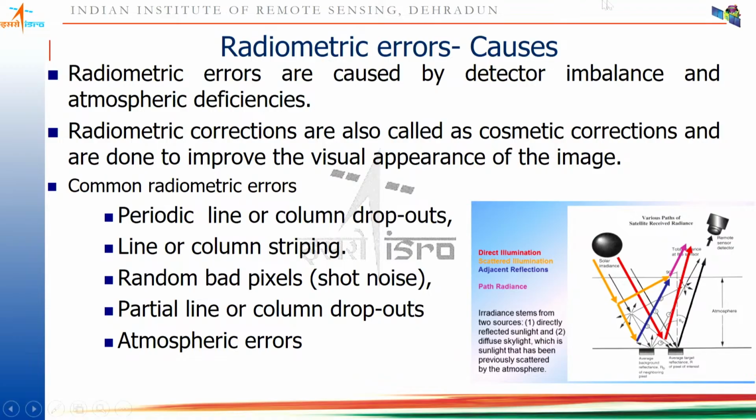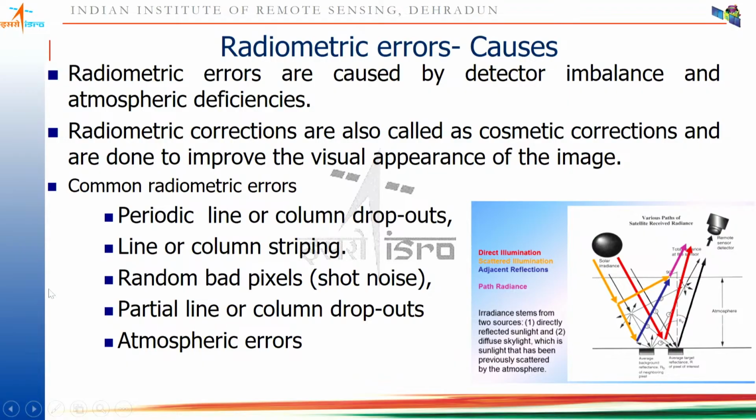And correcting the radiometric errors is also called cosmetic correction, because the radiometric errors hamper our ability for visual interpretation of the image. So the correction is done to improve the visual appearance of the image, and the most common radiometric errors are line or column dropouts, and they may be periodic or partial.